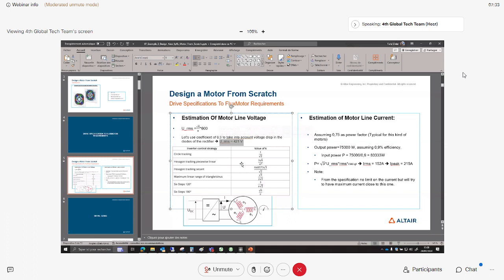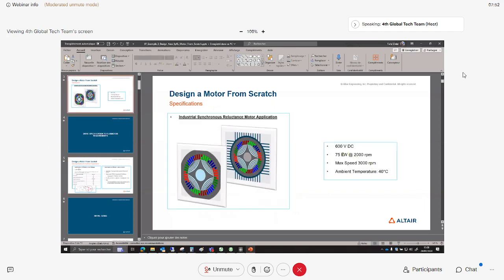Then, once we had that, we need to compute the maximum current for the working point we had. So we have from the specification this power, the output power.